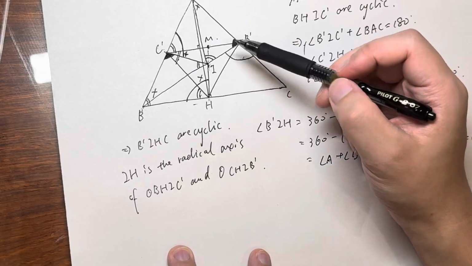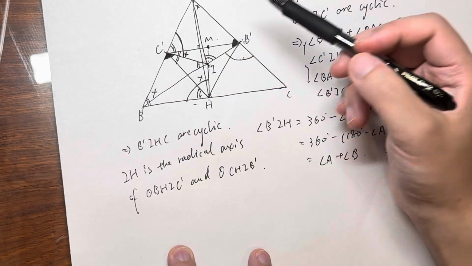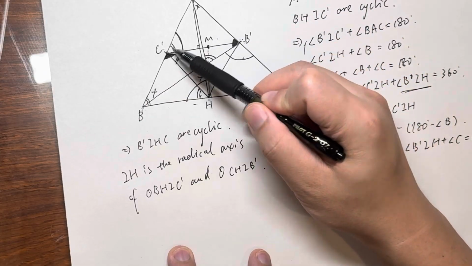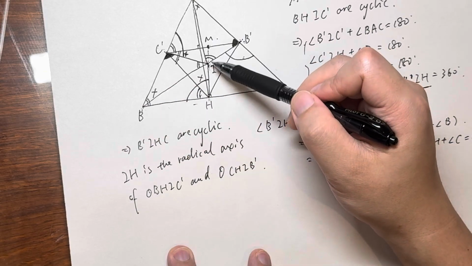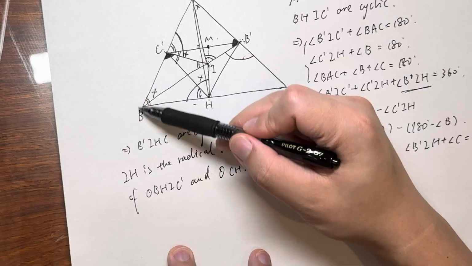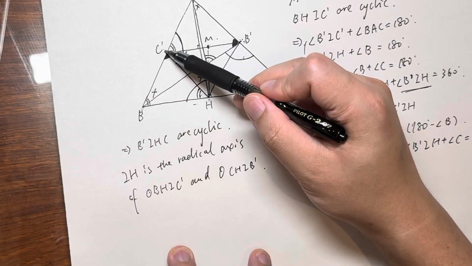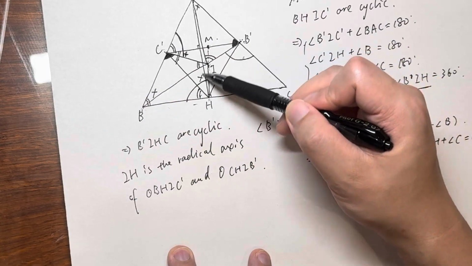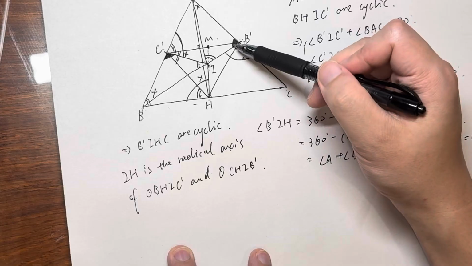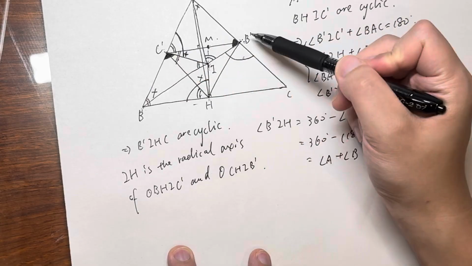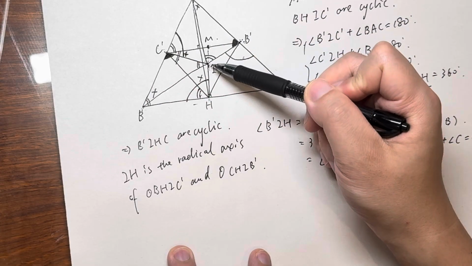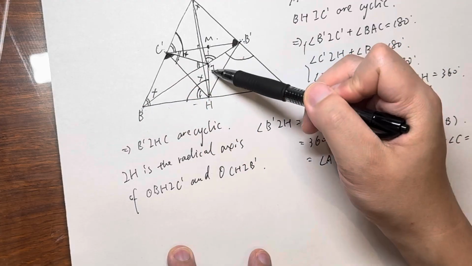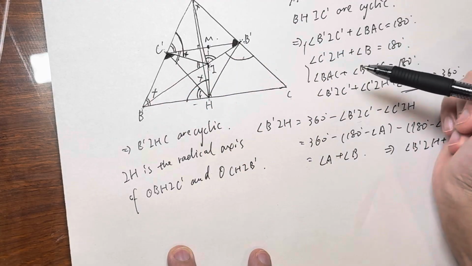We can do the similar thing for this part. Then we just proved that MC' is a tangent for the circle IHBC', and MB' is a tangent for this part. That means B'C' is a common tangent for the circle IHBC' and circle IHCB'.